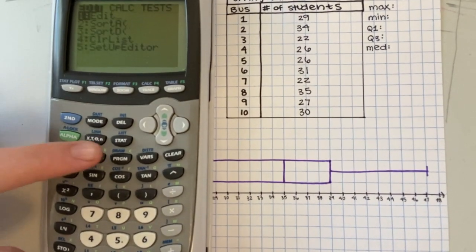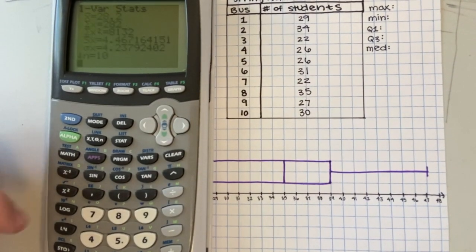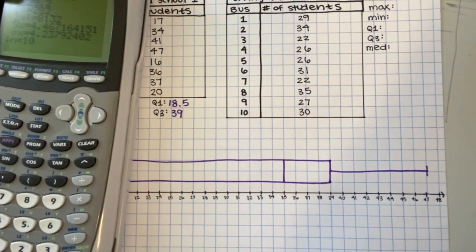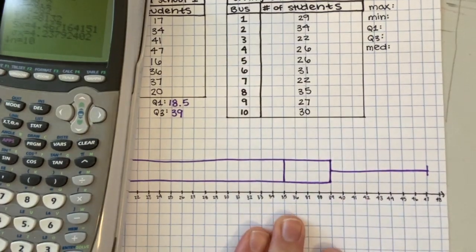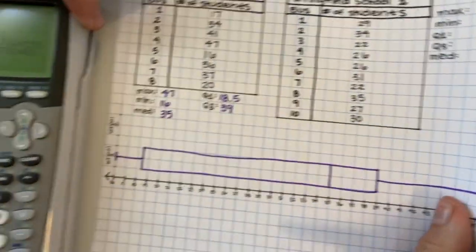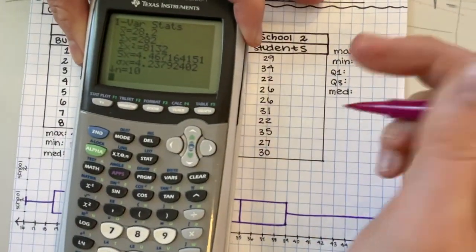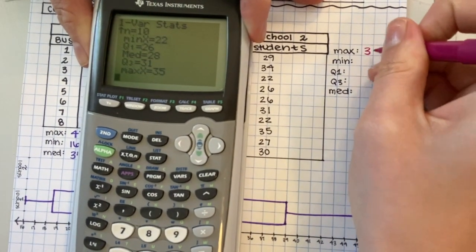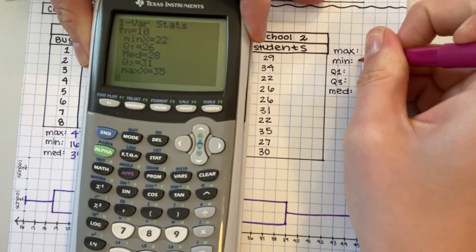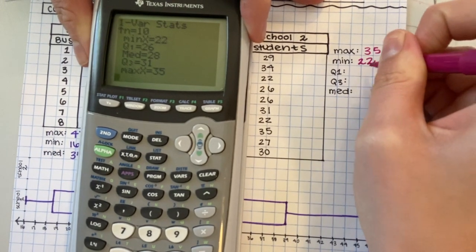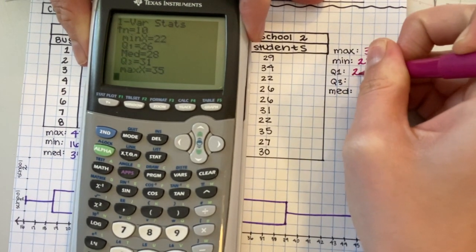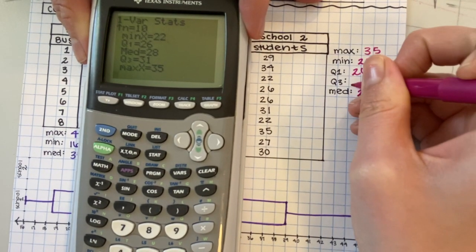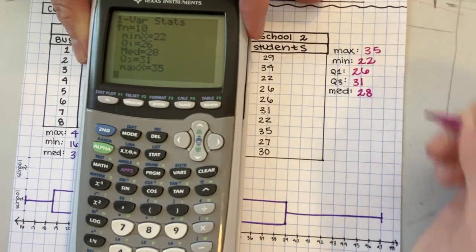I'm going to calculate my single variable statistics and then put it on a graph. Now that we have those stats, I can see that my maximum is 35. My minimum is 22. My first quartile is 26. My median is 28. And my third quartile is 31.